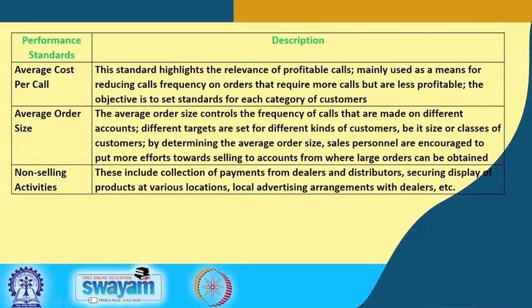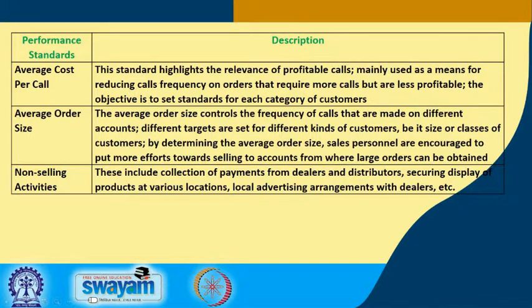The average order size controls the frequency of calls that are made on different accounts, and different targets are set for different kinds of customers, be it based on size or on different classes of customers. And by determining the average order size, sales personnel are encouraged to put more effort towards selling to those accounts from which they can obtain large orders.